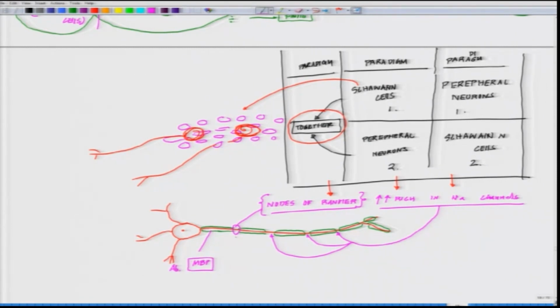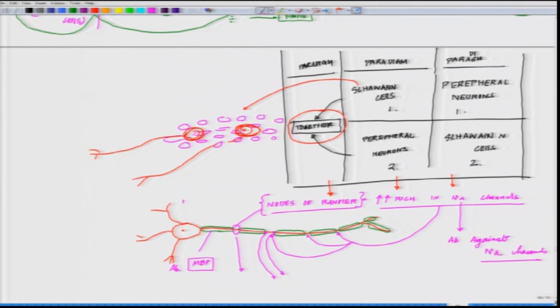You have to identify the nodes of Ranvier by specific antibodies against sodium channels, and at these nodes of Ranvier there are different nodal proteins. You have to get the antibodies against them to make a claim that you have achieved this.